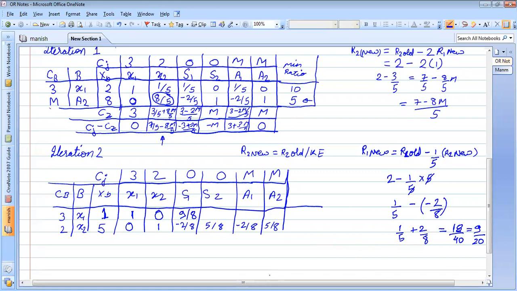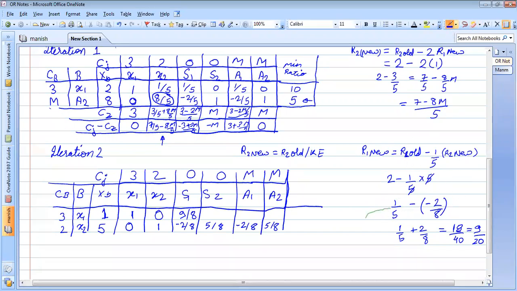Here, where is the 1 by 5, sir? See, correct. I have missed 1 by 5 also. Here also it will be into 1 by 5.